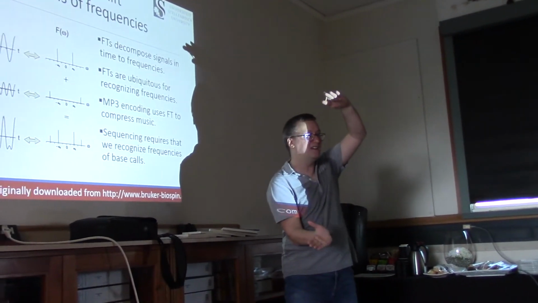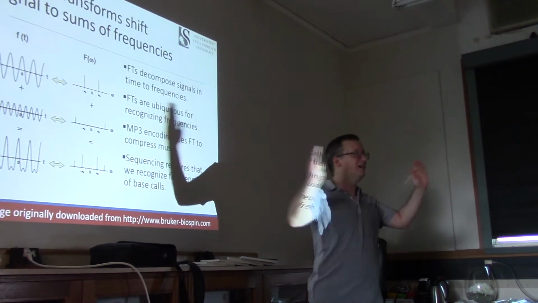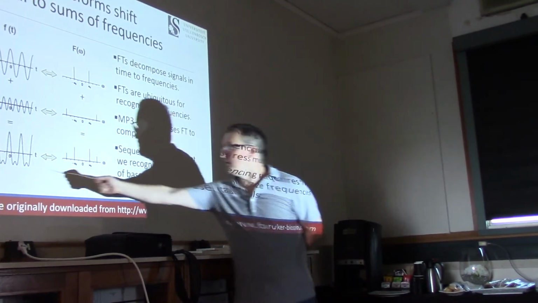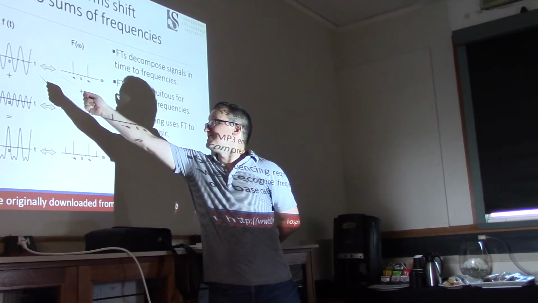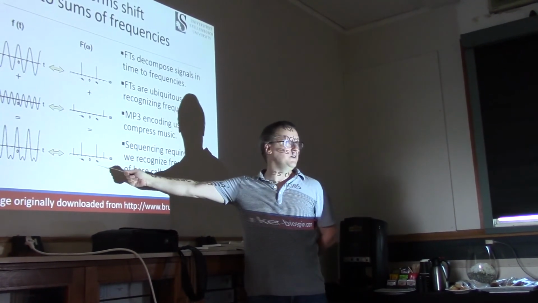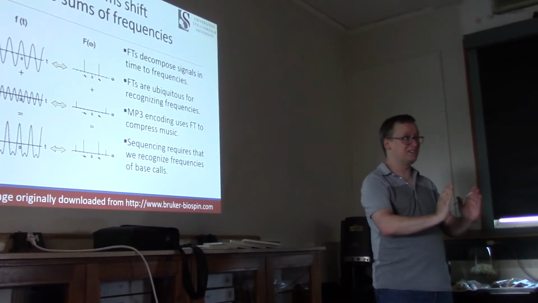So it's going to be a smaller peak in the frequency domain, and it's going to be at a higher value. So if we saw a signal like this that represents the summation of this signal and this signal, we could decompose it to be the combination of those two frequencies.